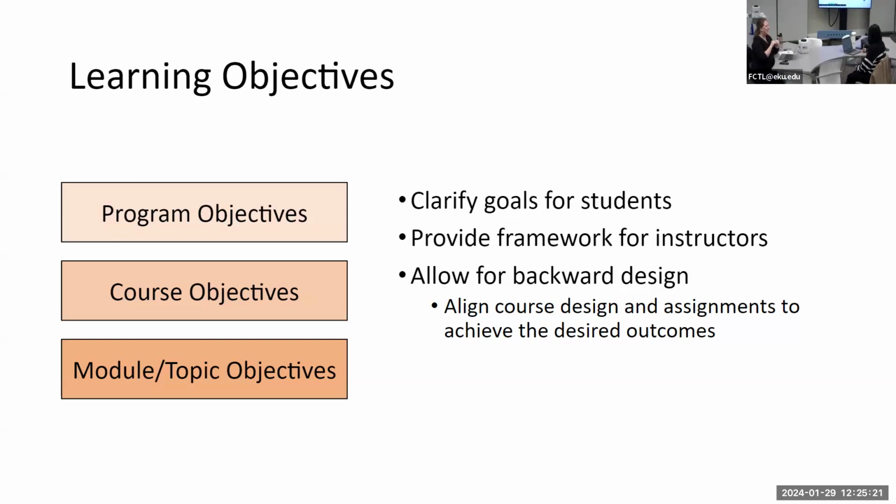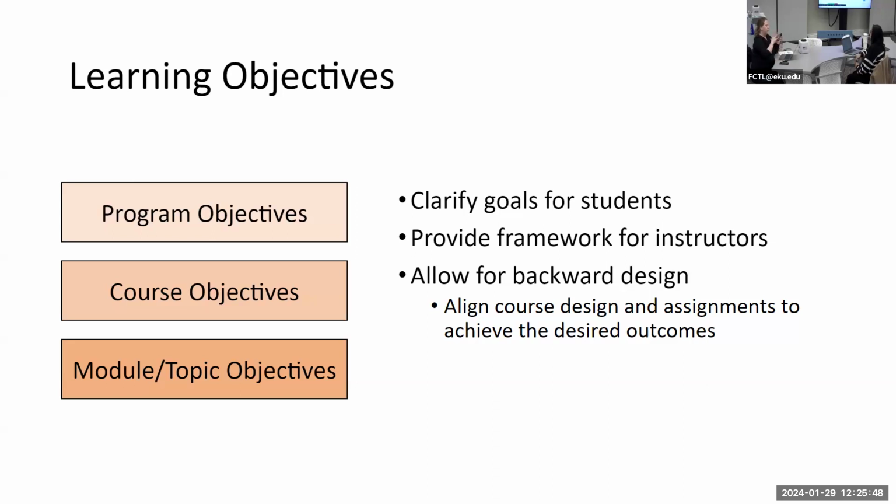Sometimes you get really excited about a new way to do something, you try to make it work, and it actually doesn't fit. Going back to those objectives can help me decide, even at the level of planning, whether this is the right kind of assignment. So I want to bounce some of these things around today.